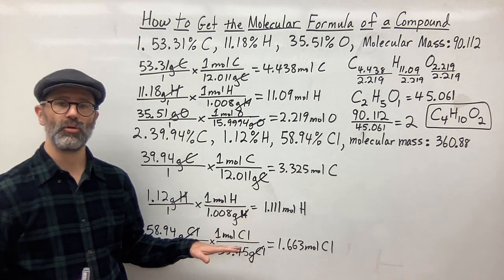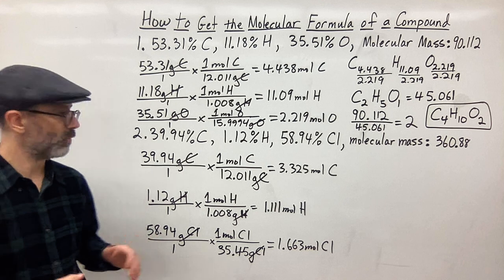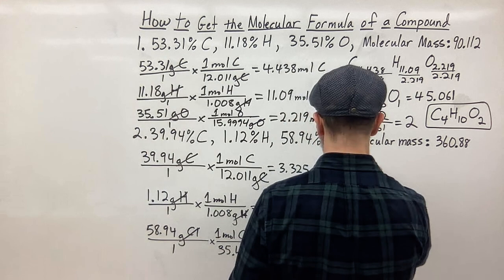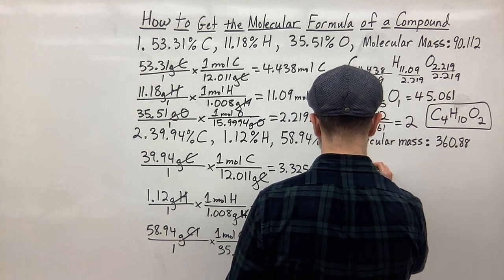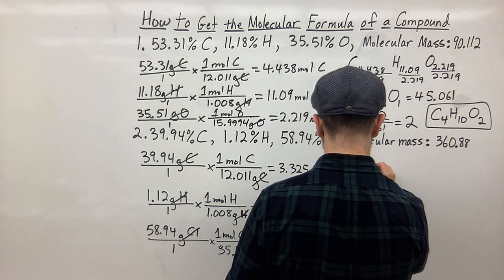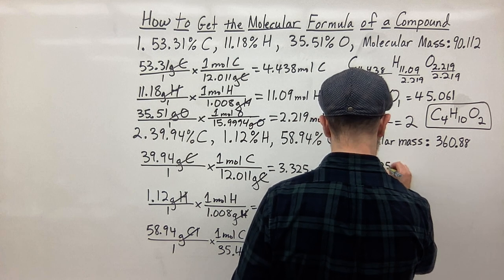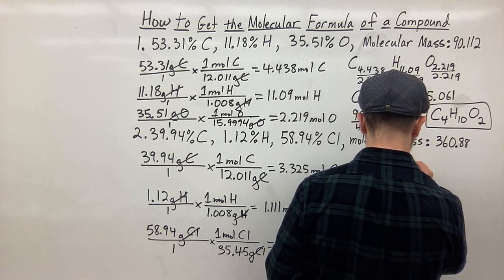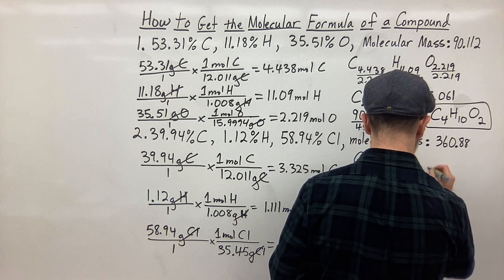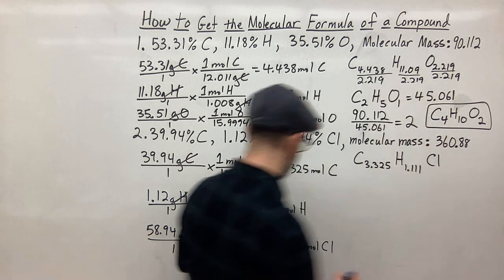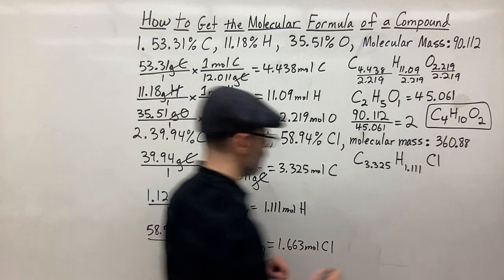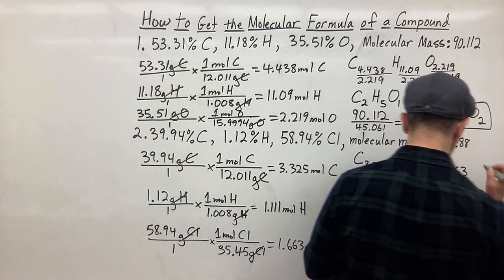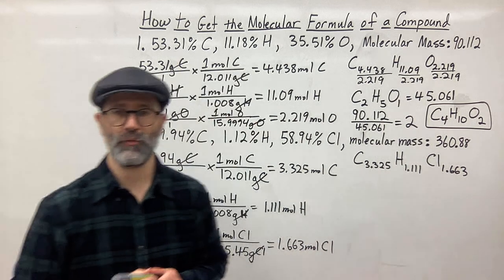Now that I have moles, I can go to my pseudo formula and write the moles as subscripts. So I'm going to have C3.325, H1.111, and Cl1.663. So there's my pseudo formula.